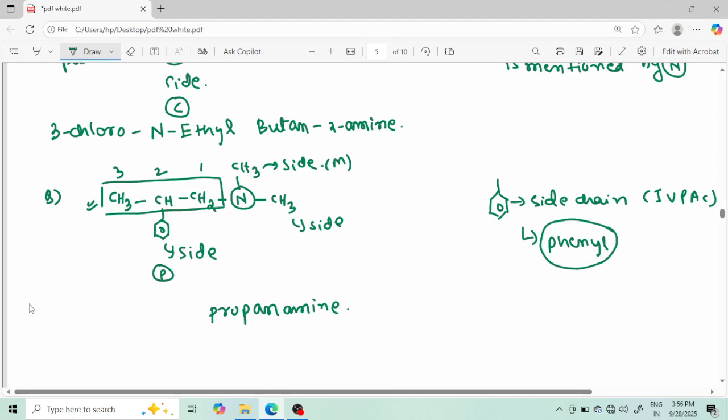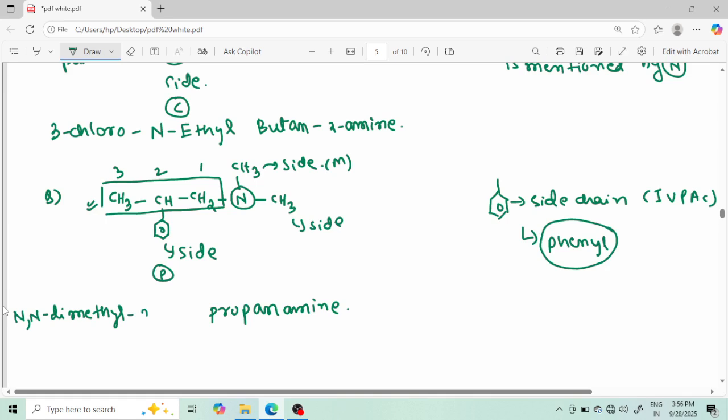I will write methyl, but whenever side chains are the same, we can write them together with repetition, so dimethyl. But here I have to specify N two times because 2 side chains are there. Whenever identical side chains are given, you write them together with repetition, and along with that you specify their positions also.